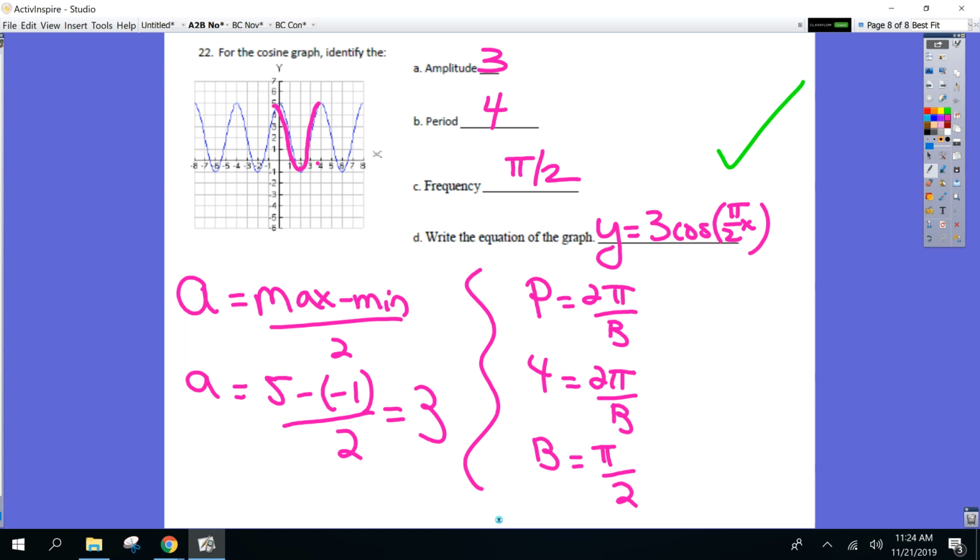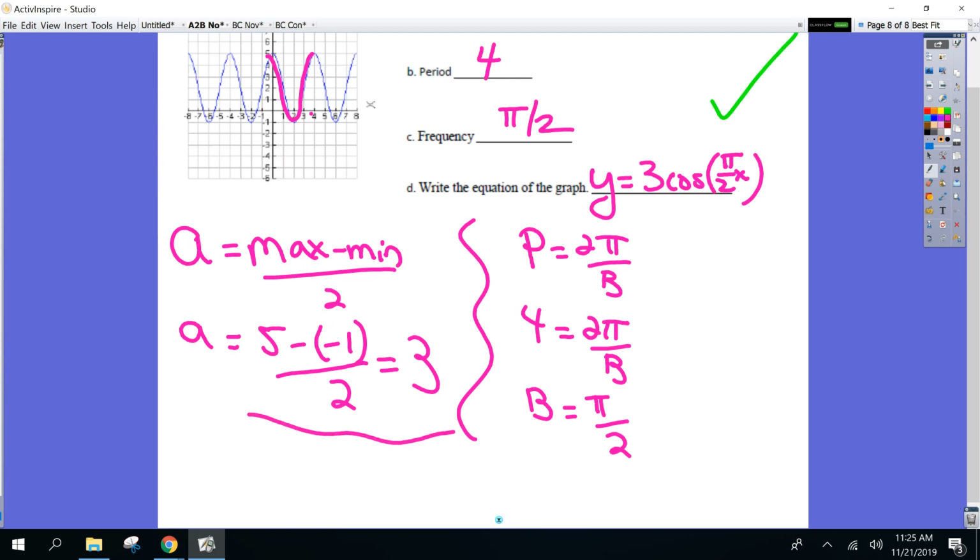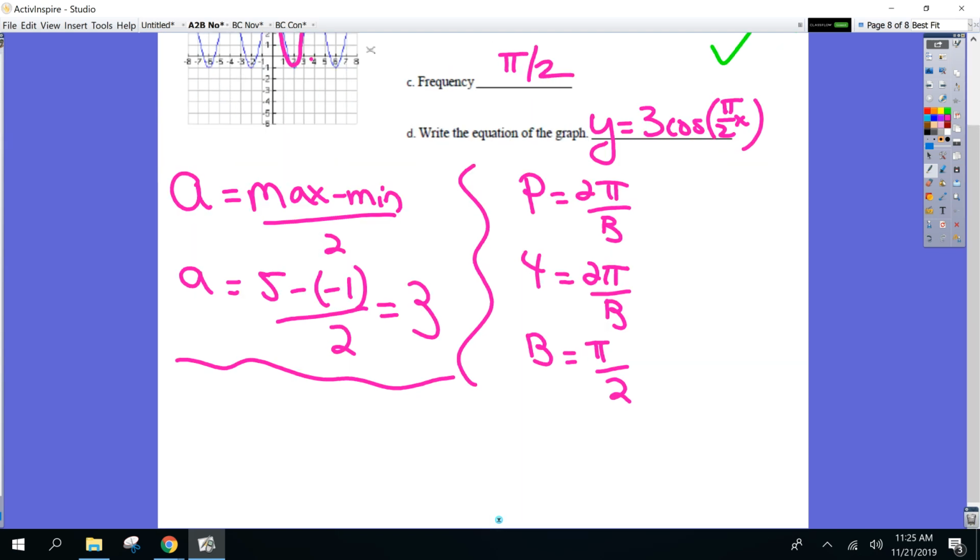They don't start and end at the same value. Even though it's not asked anywhere on here, we still need to find the C value because there is a shift, because it started and ended in a different spot. So we're gonna do 5 plus -1 over 2. Nice job, Ashley. Yes, the C value is 2. So I need to add a plus 2 at the end.